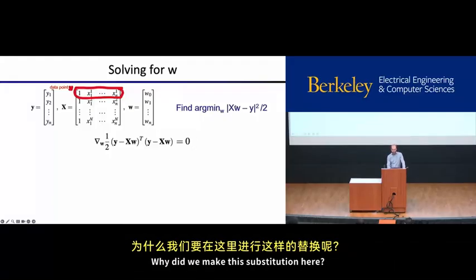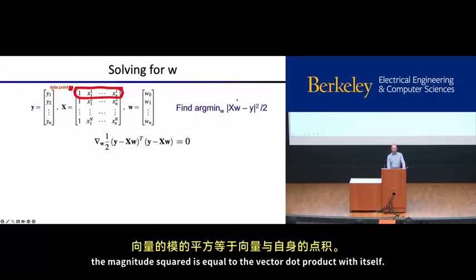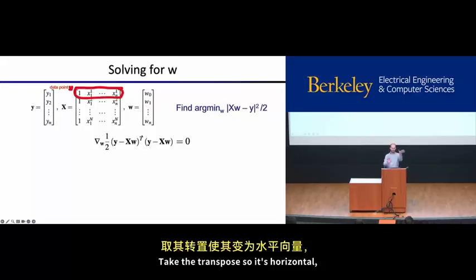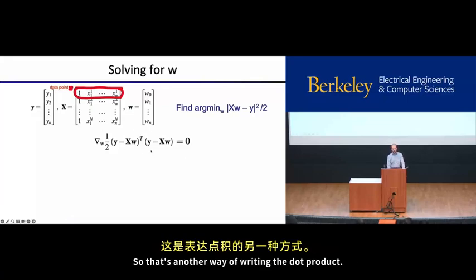Why did we make this substitution here? One of the identities I showed you before is that the magnitude squared is equal to the vector dot product with itself. So here's this vector. Take the transpose so it's horizontal, and then the matrix product gets you a single constant. So that's another way of writing the dot product.